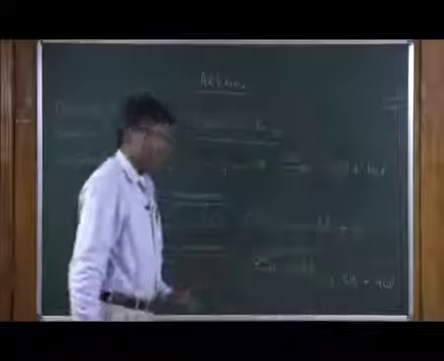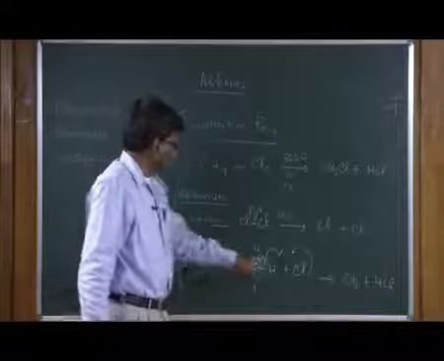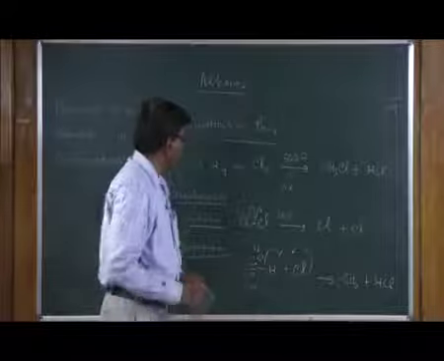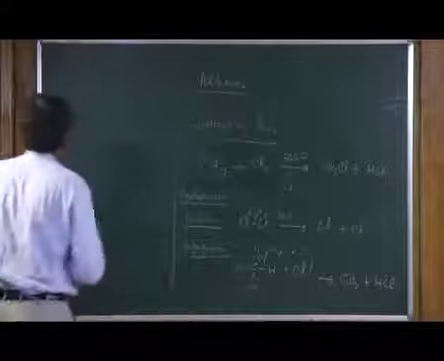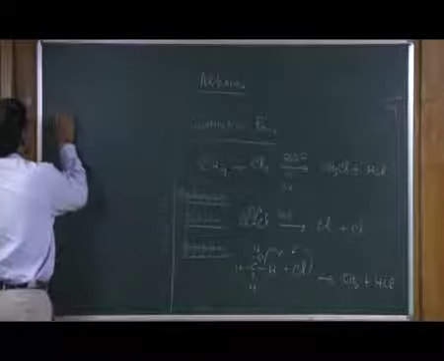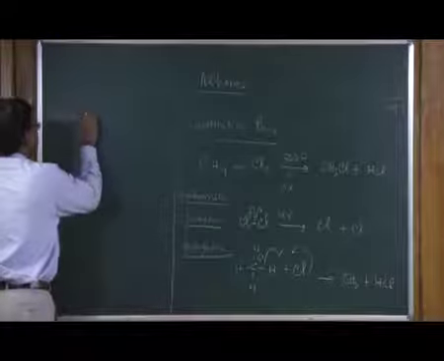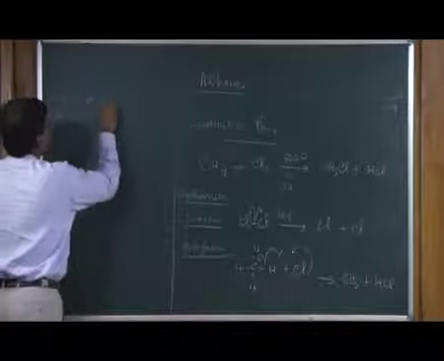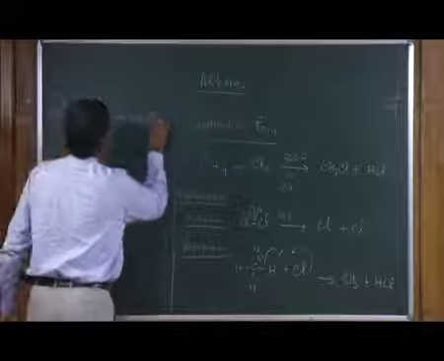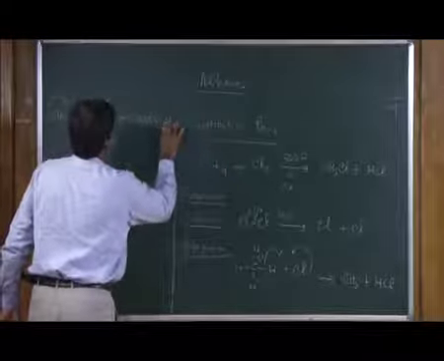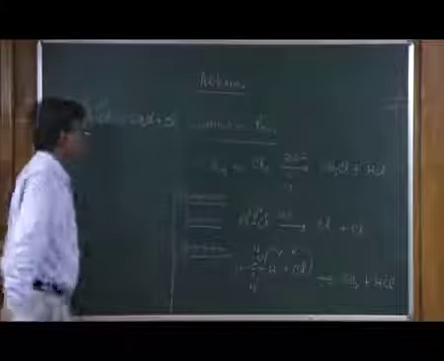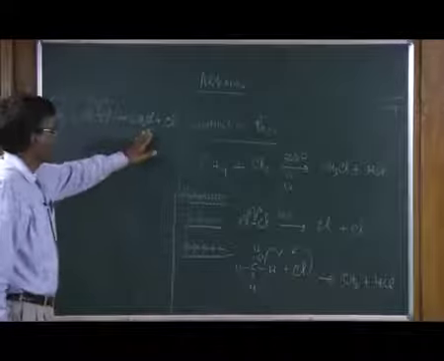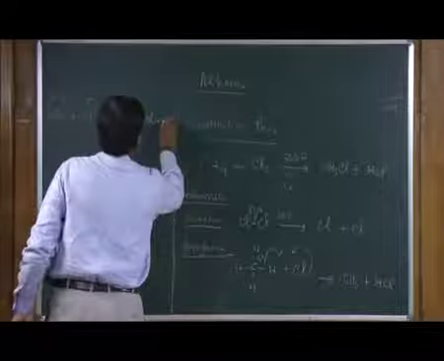So, the chlorine radical reacts with methane, and you produce a methyl radical and HCl. This methyl radical can react with chlorine. You will generate chloromethane and Cl dot. So, the methyl radical reacts with chlorine, and you produce chloromethane and a chlorine radical.